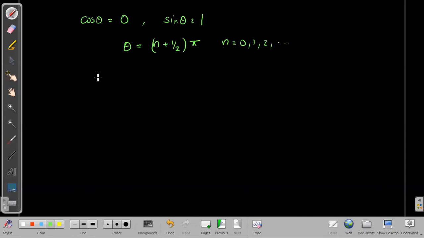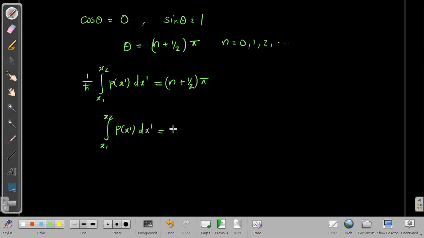We already found that theta is 1 by h cross integral x1 to x2 of p of x prime dx prime, and that must be equal to n plus half times pi, or integral x1 to x2 of p of x prime dx prime must be equal to n plus half times pi h cross.